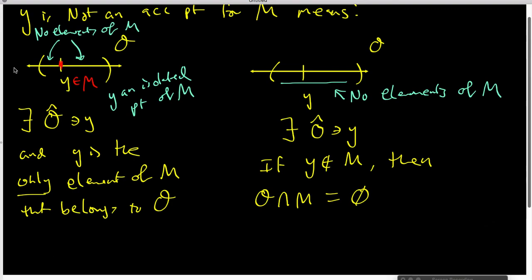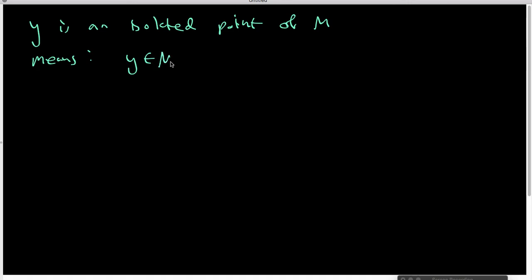So I want to finally clean this up with one definition of what an isolated point is, and then we will call it the end of the video. So y is an isolated point of M means y is in M and y is not an accumulation point.